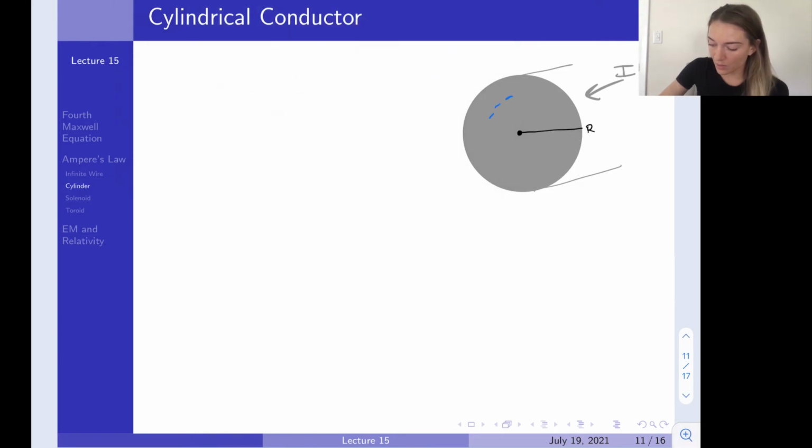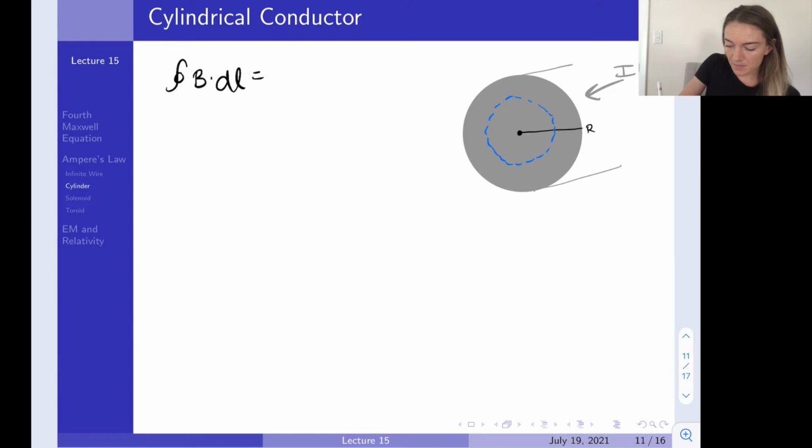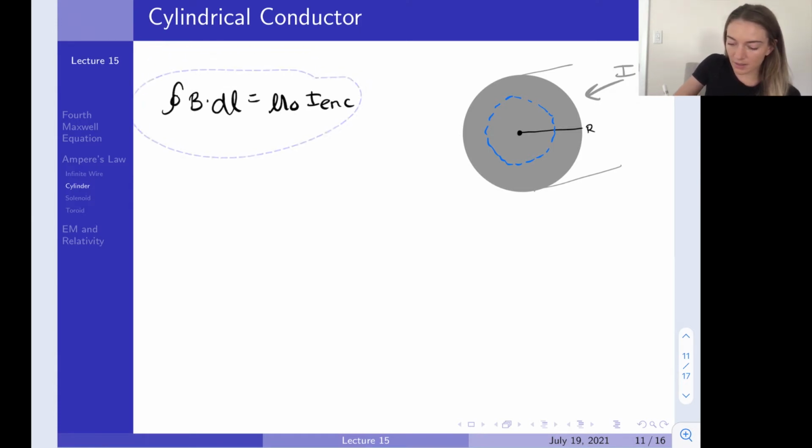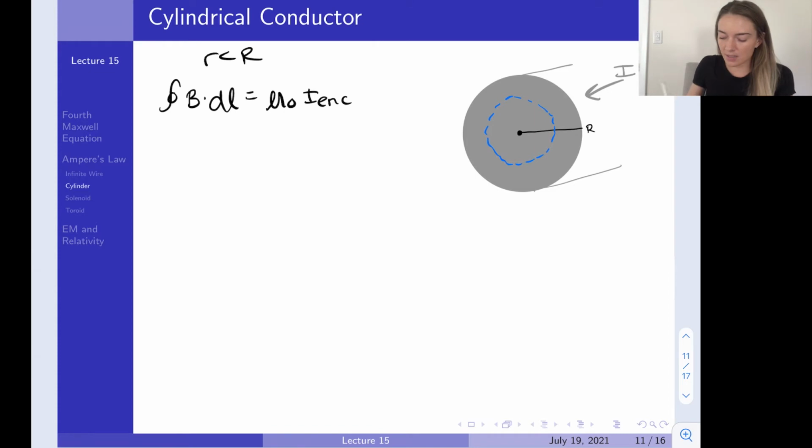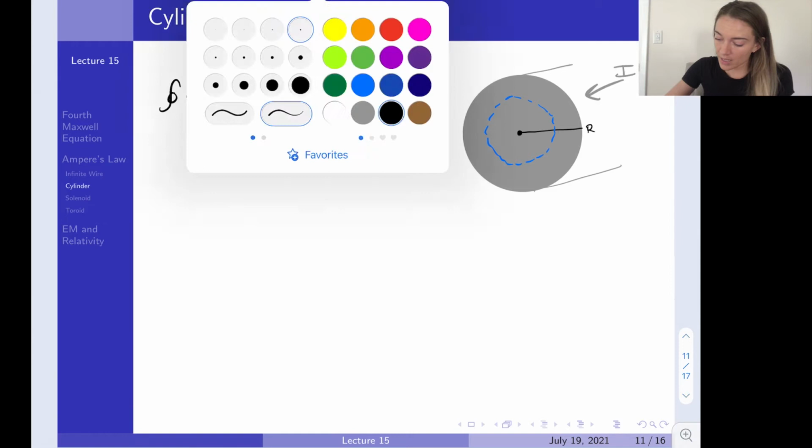So I'm going to draw an Amperian loop somewhere in here. And my Ampere's law is B dot dl, and I'm looking at points that are less than capital R. So the left-hand side of this I can do relatively easily because it's just going to be B times the circumference of my Amperian loop, which is 2 pi r again. So this is still at some radius r here.